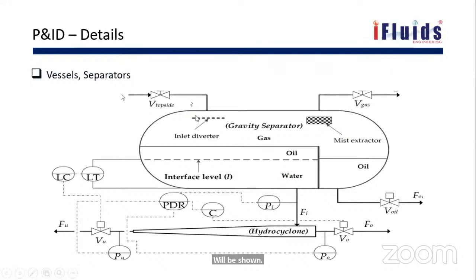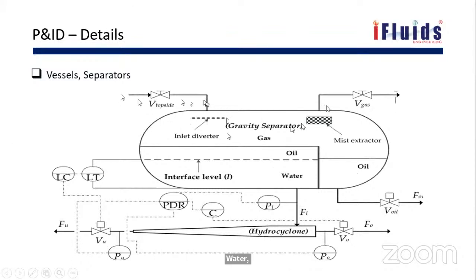Here you see how a typical vessel looks. You have the inlet, you have the gas outlet here, from there it is coming here. Actually, three-phase separation happens: water, oil, gas.